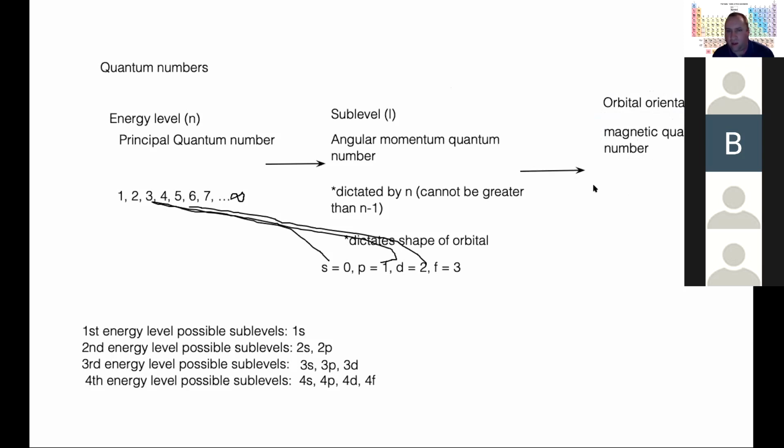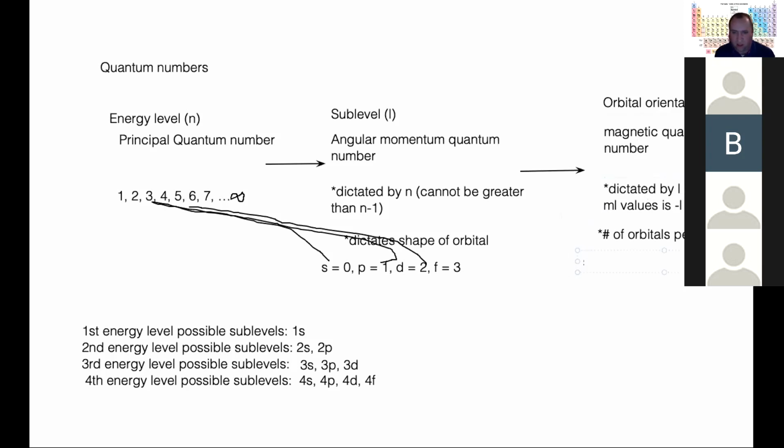It is dictated by L, meaning that the range of values is from negative L to 0 to positive L. And this tells us the number of orbitals in a sublevel.